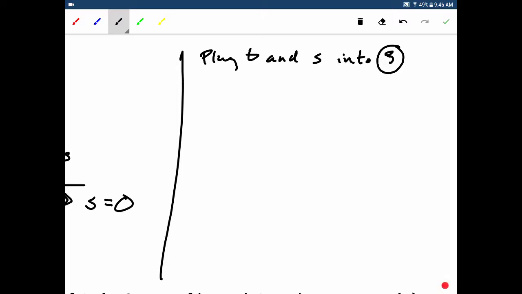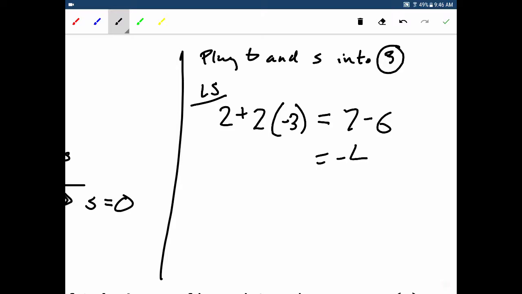So we'll have 2 plus 2 times -3. Okay? Technically, this is one where people will do this the wrong form. This is a case where you should use left side, right side. Anyway, so 2 minus 6, so that gives us -4.